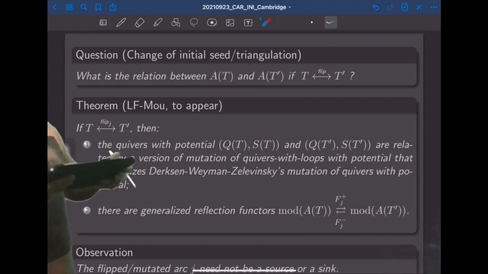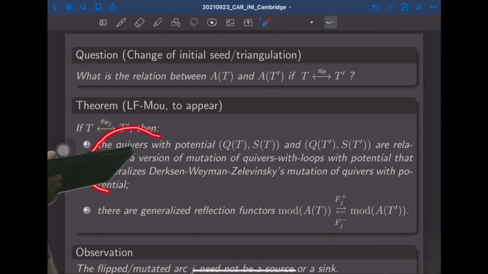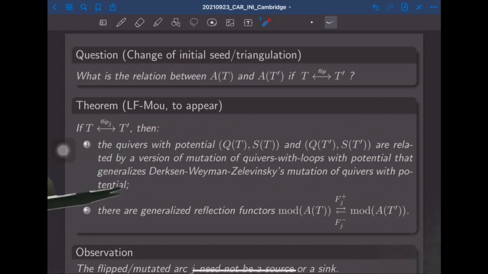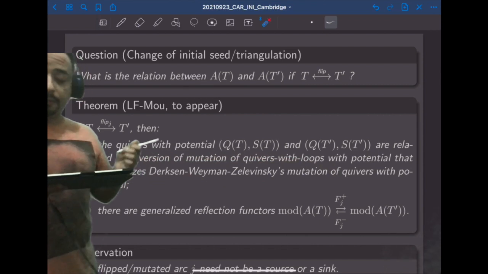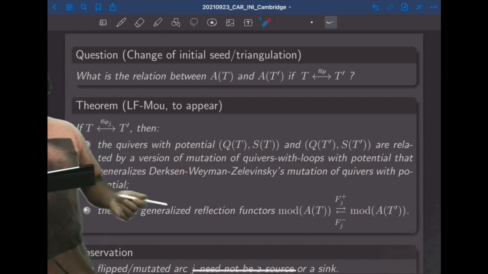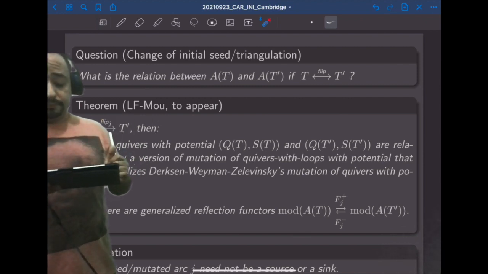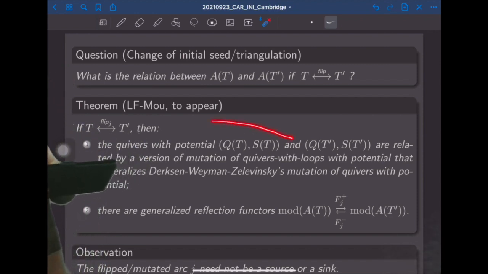But here I have to say that in their setting, Derksen, Weyman and Zelevinsky were able to prove that for any quiver there is a non-degenerate potential, let's say if you work over the complex numbers. And that is what fails in our version. So for our version, yes, it's more general, but you cannot prove that every quiver admits a non-degenerate potential.